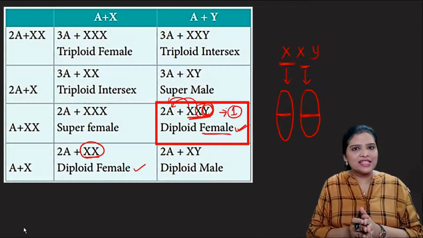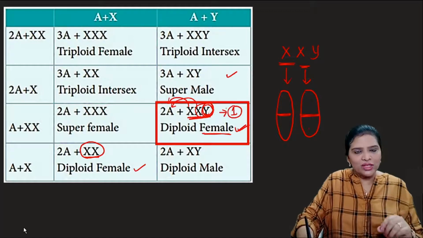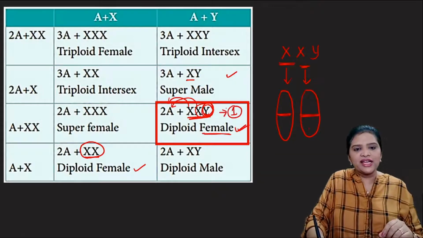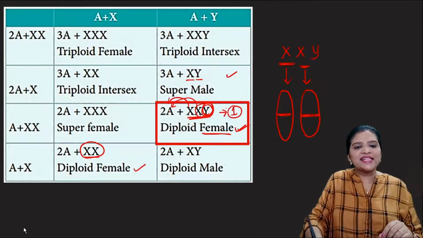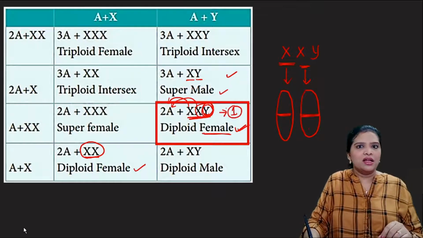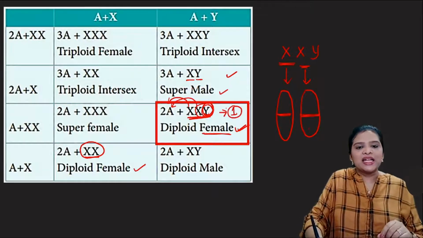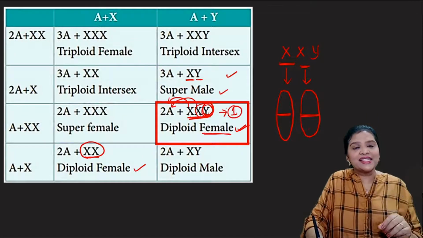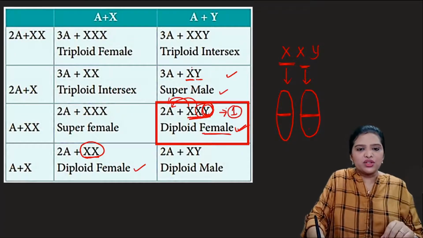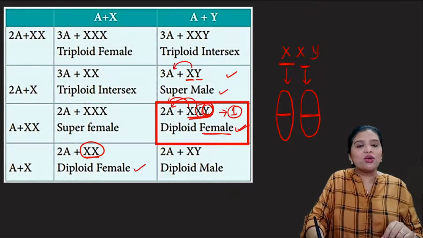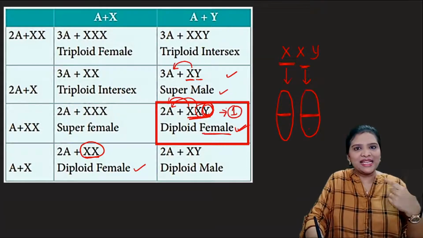Got it? So this is one important point. Look at this example here. Here, this organism has an X chromosome and a Y chromosome. So why are we saying this is a super male, not just male? Because this X chromosome contains the sex lethal gene which goes and suppresses the autosomal male character.